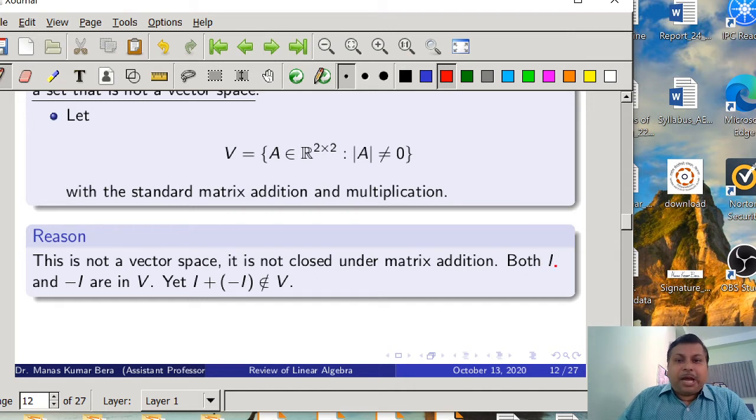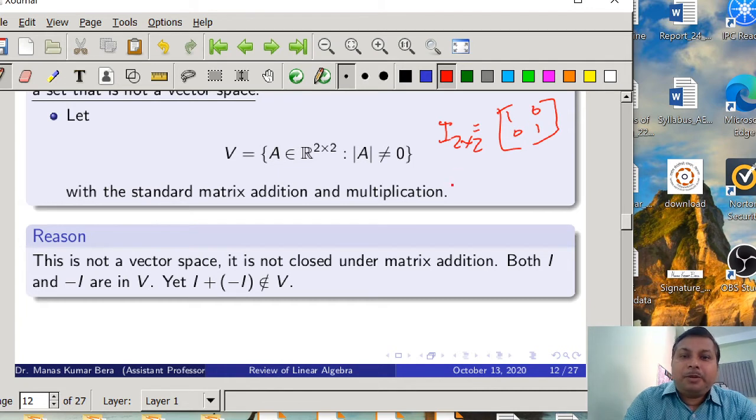How? Consider both I and minus I. If we take I, that is 2 by 2, 1 0 0 1, then there must also exist minus I, that is minus 1 0 0 minus 1. Both belong to V because for both I and minus I, the determinant is not equal to 0.